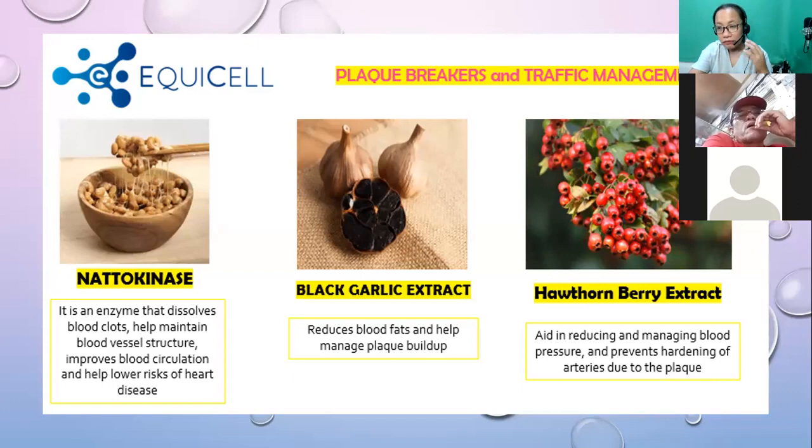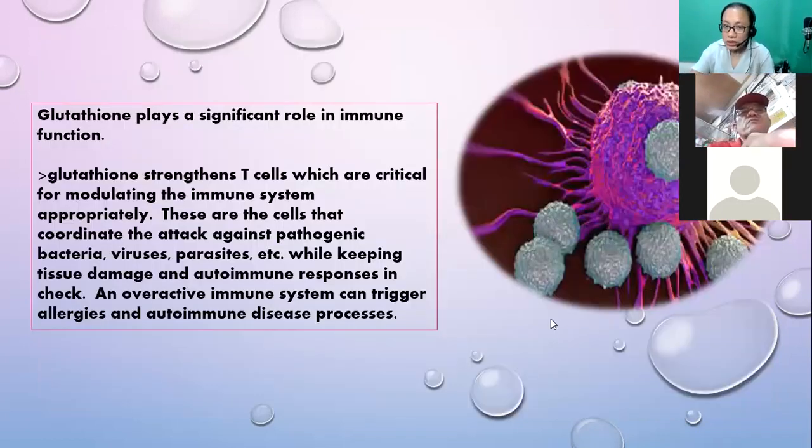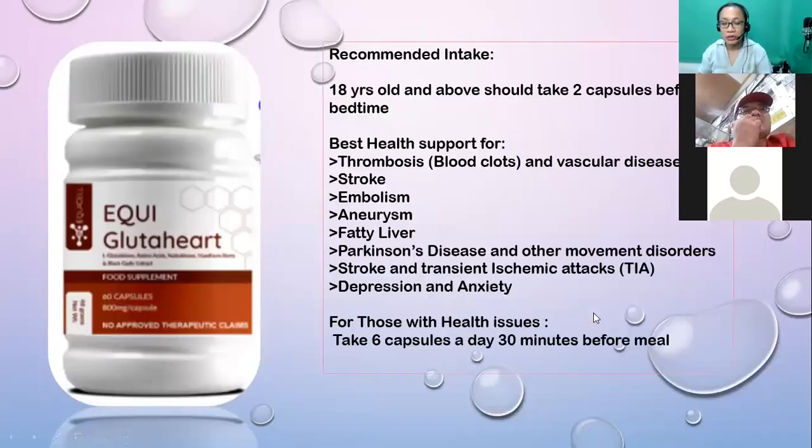And piniprevent niya yung further hardening ng arteries para maging elastic yung blood vessel at makapag-circulate ng mabuti yung mga nutrients at oxygen. So itong ensemble ng tatlong ito ay maganda kasi nagtutulungan sila para i-remove yung plaque na nandoon sa blood vessels. It is included in our product, Equi Glutaheart.